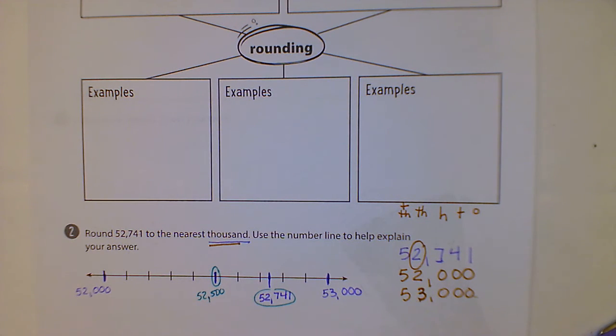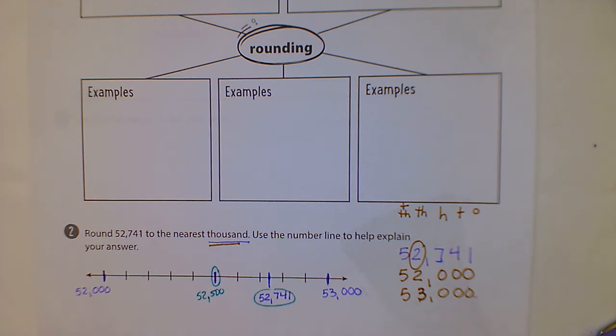I'm trying to think about how else I could write it. I could also say that it's past the halfway mark, and I think that might be what I'm going to write. So again, you want to definitely write the answer.